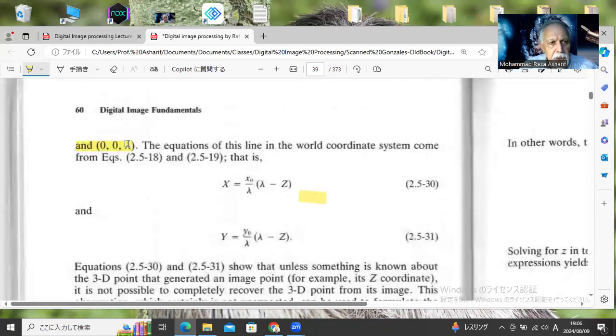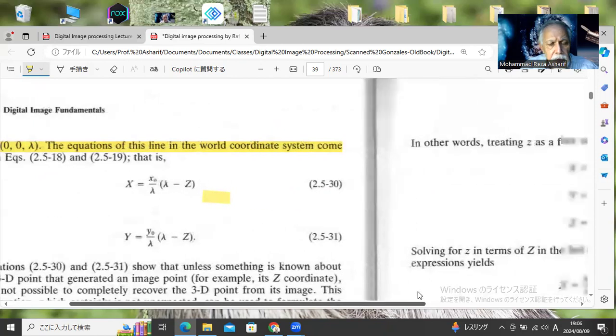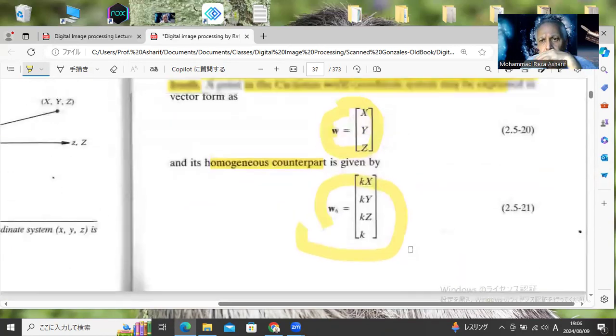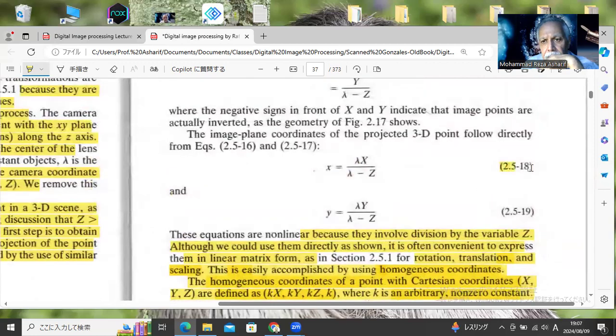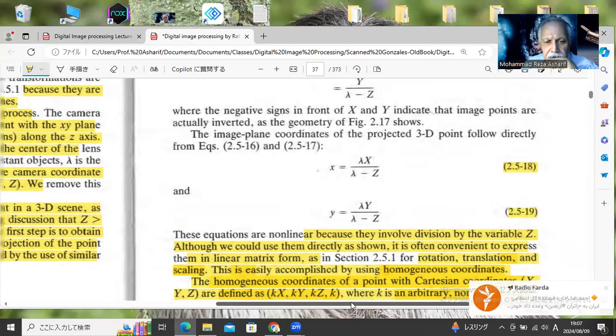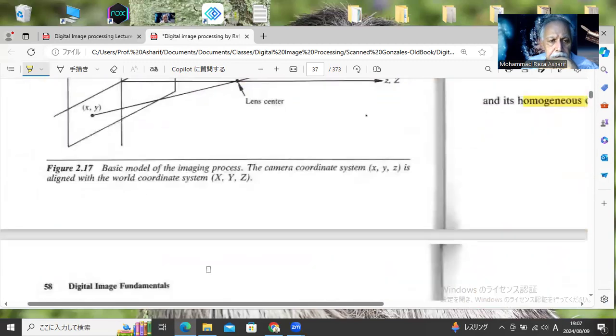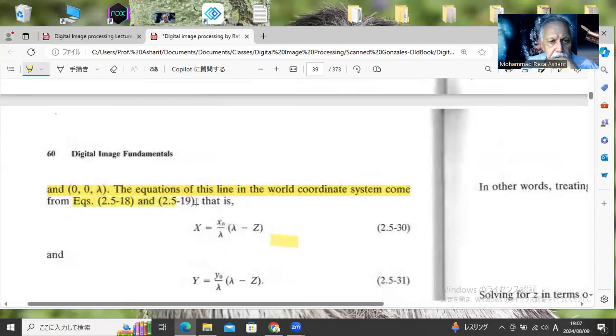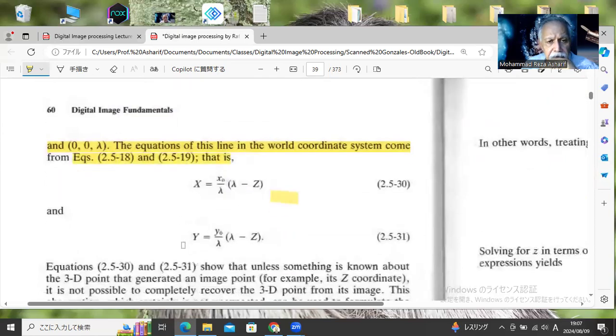And 0, lambda, the equation, this line in the world coordinate system becomes like this, and then x is equal to this from this equation. I think I can show you 1819. Yes, these two equations are for perspective transformation, so it's exactly the same here. So from these two equations, x is this, y is this.